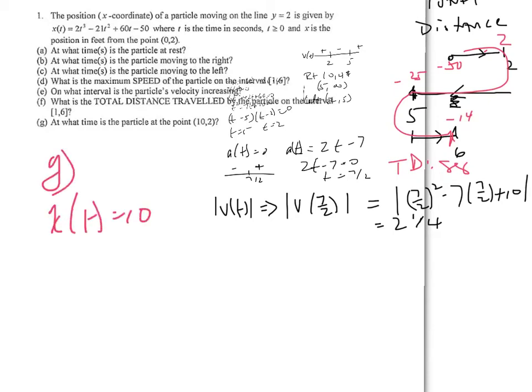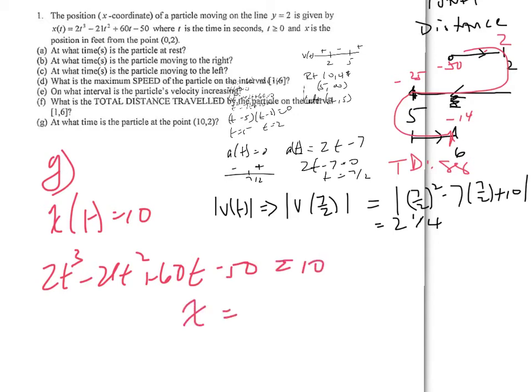And so then we set up our calculator, 2t to the third minus 21t squared plus 60t minus 50 is equal to 10, and you get that t value on your calculator to be about 6.6824. But that would be a calculator question, not on the exam.